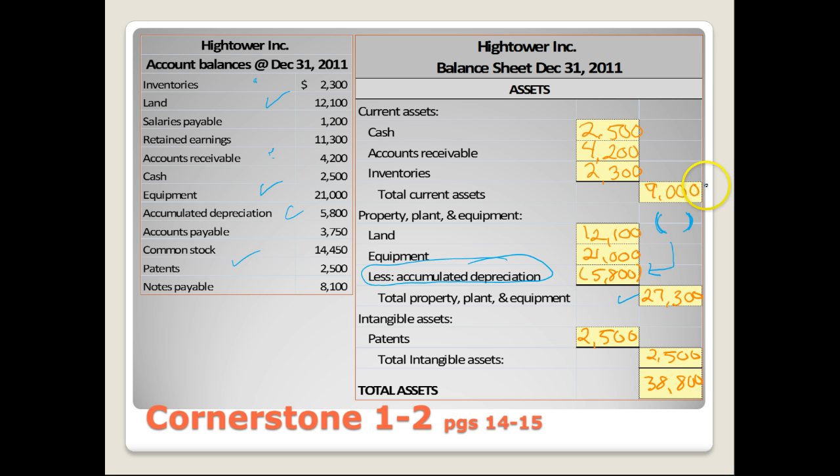If I add up all the assets, current, non-current, and another non-current, I get $38,800 of assets. Now, before we go any further, if total assets is $38,800, what do you expect is the total liabilities plus stockholders' equity? If you said $38,800, then you are correct.